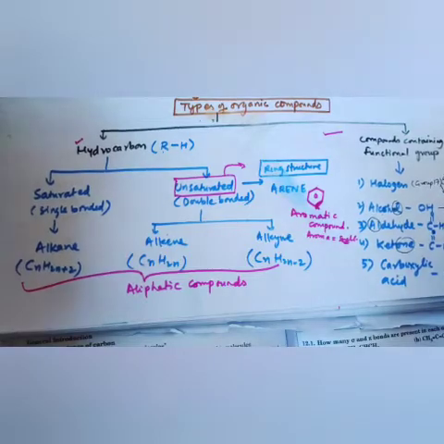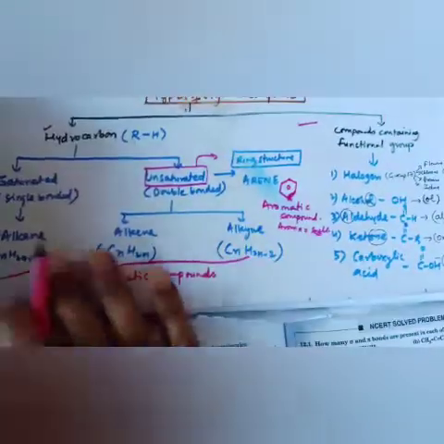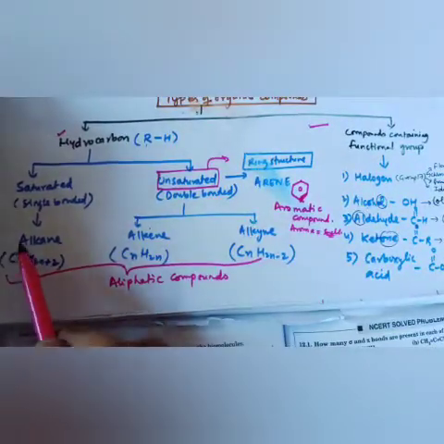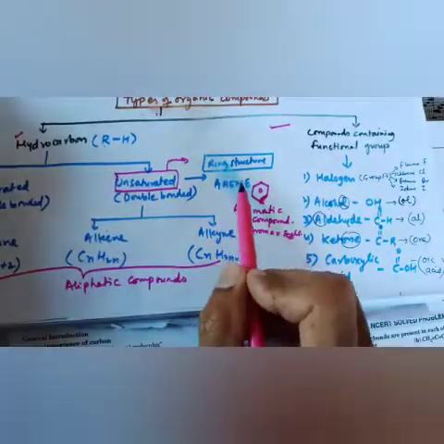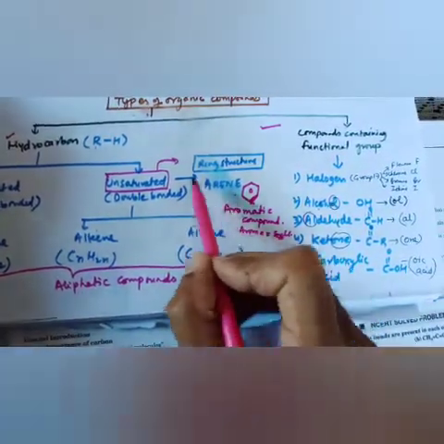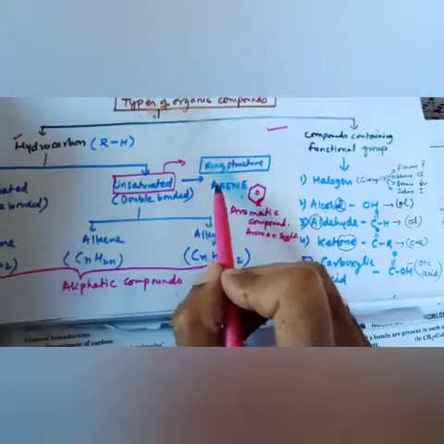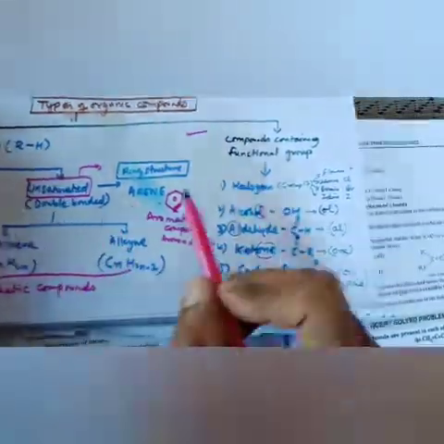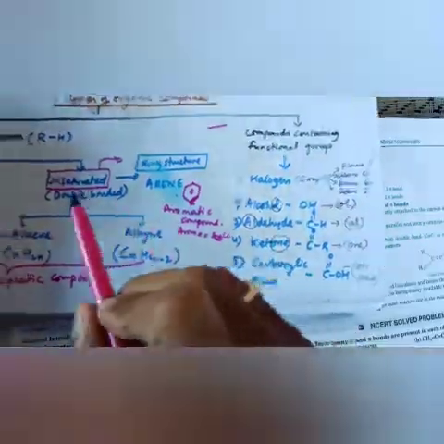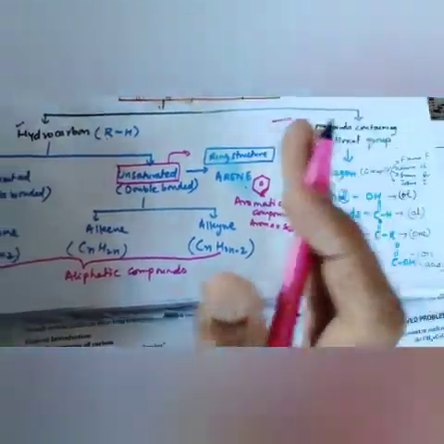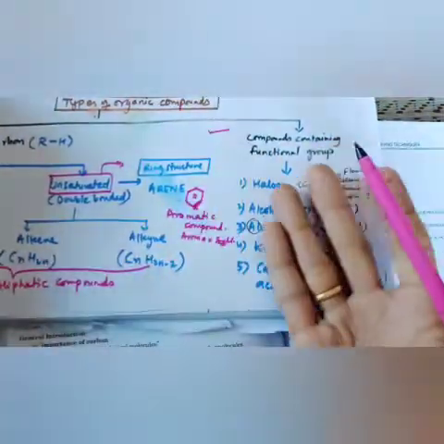carbon compounds. Okay, so whether aliphatic, alkane, alkene, alkyne, or aromatic ring, these are the carbon compounds. When some functional group attaches to these carbon compounds, it will change them. The functional group will change the property of carbon according to the functional group.